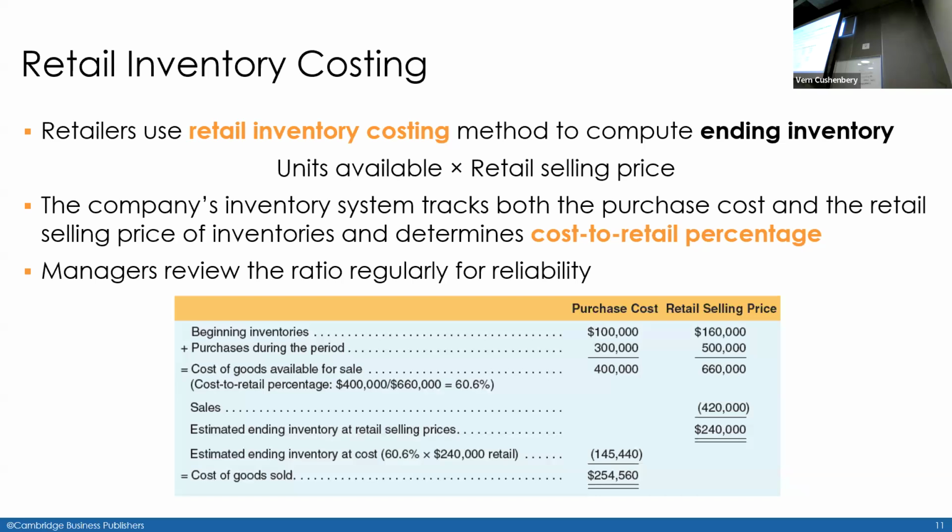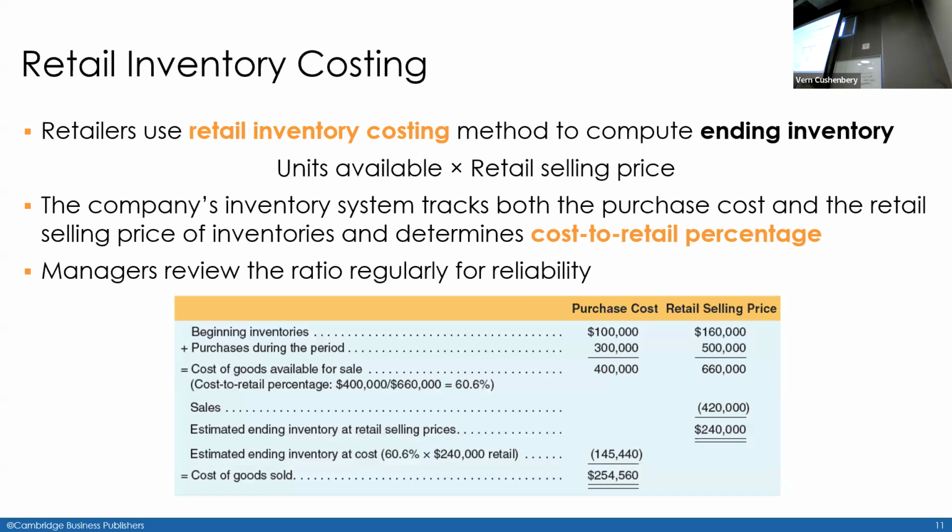In this instance, our authors are walking us through cost of goods available for sale, calculated as a percentage of cost to retail. So if we have inventory that costs $400,000 and we just sold $660,000 worth of new merchandise, that cost to retail percentage is 60.6%.